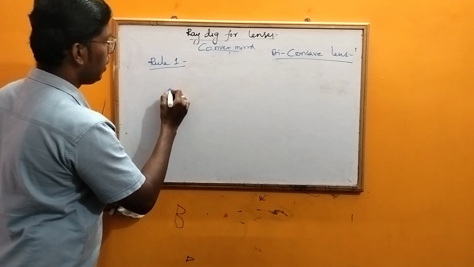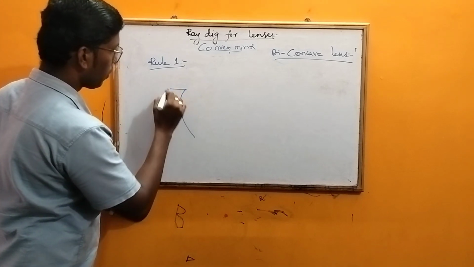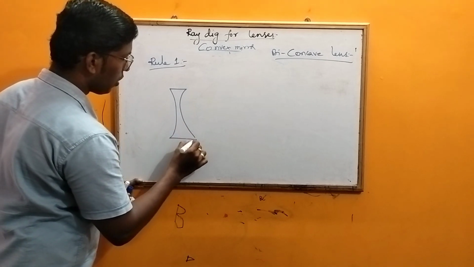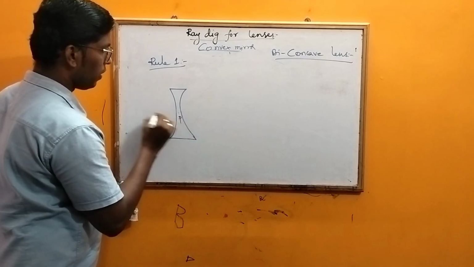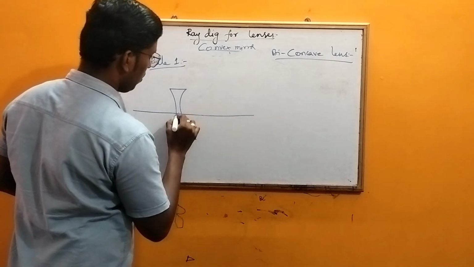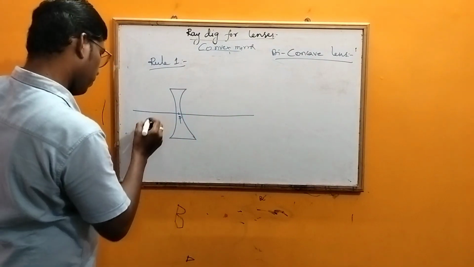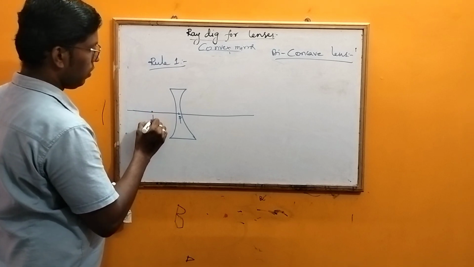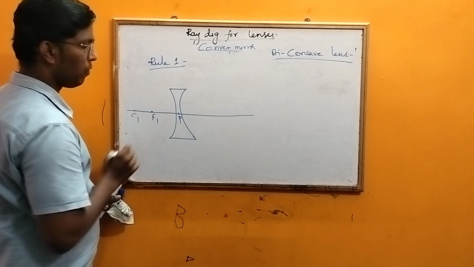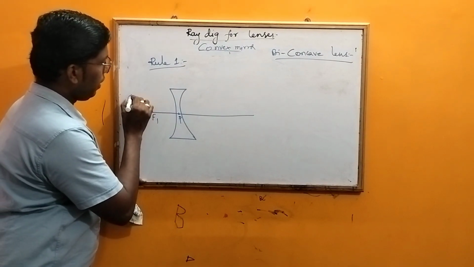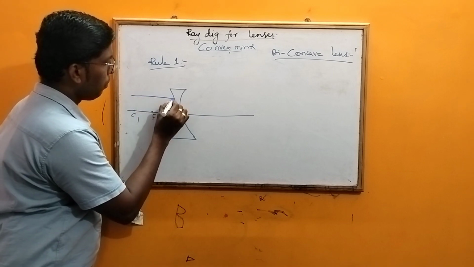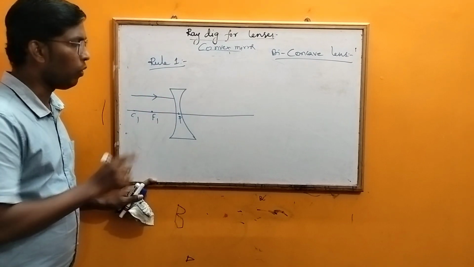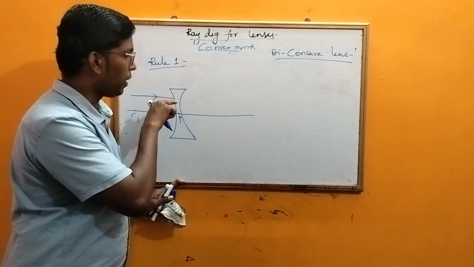So biconcave lens, this is the structure. The structure of biconcave lens, optic center, and then F1, C1. When a light ray passes parallel to the principal axis, what happens in a convex lens? It passes through the focus point.